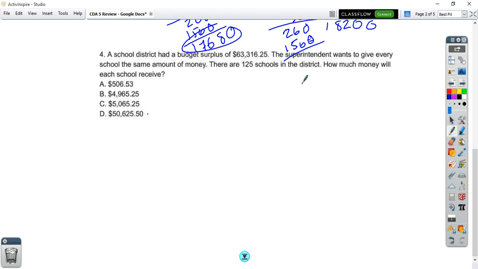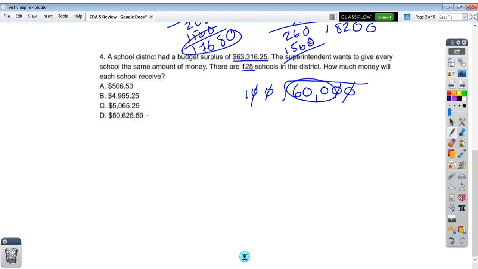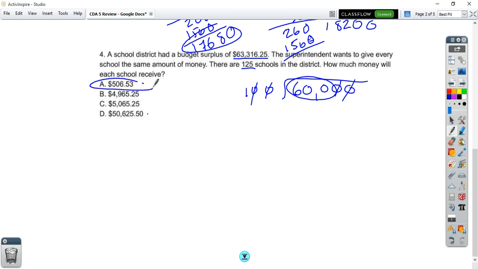Let's pretend this is 60,000. And then let's pretend this 125 is like 100. Just pretend. If I divided, I'd knock off these zeros, knock off these zeros, and I'm at around 600. Okay, sweet. That's the answer. Again, I didn't really do any math. I just estimated, and I got an answer. None of these is close, so my answer is A.